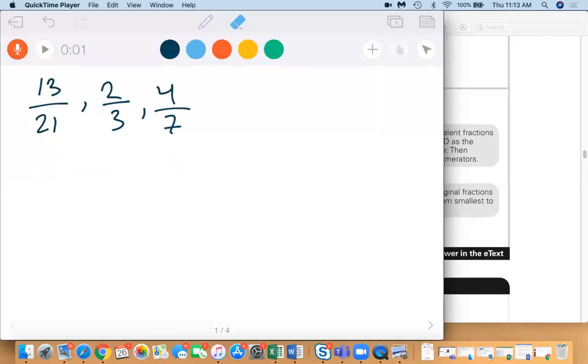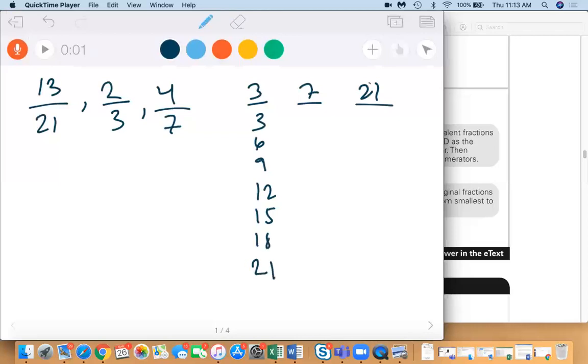Now, I will show you through the listing multiples method just in case you forgot. Please don't be sorry. If you forget that multiple thing is a little shortcut, then you could always do your listing multiples method. So let's look at 3, 7, 21. We have 3, 6, 9, 12, 15, 18, 21.